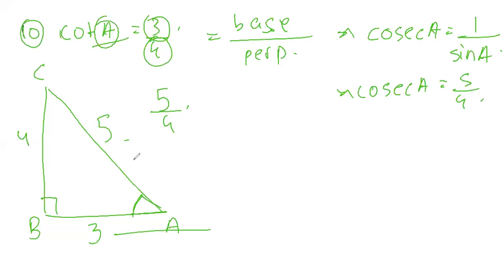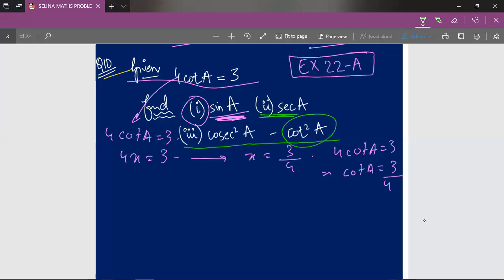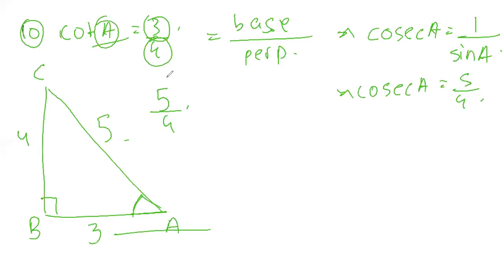The next part states that find cosecant square A. We have gotten our value as 5 upon 4, and cosecant square A basically means 5 upon 4 whole square minus cot square A. Now in cot square A you have to find tan A first.